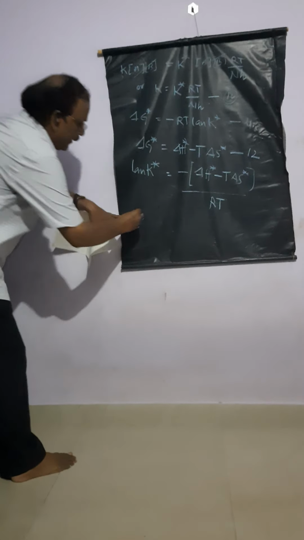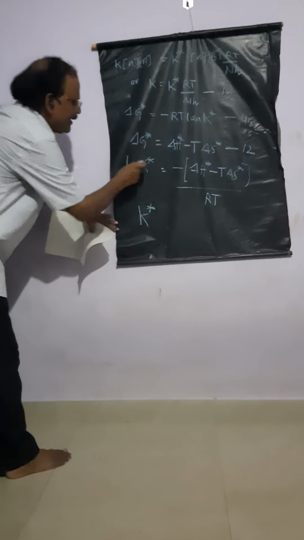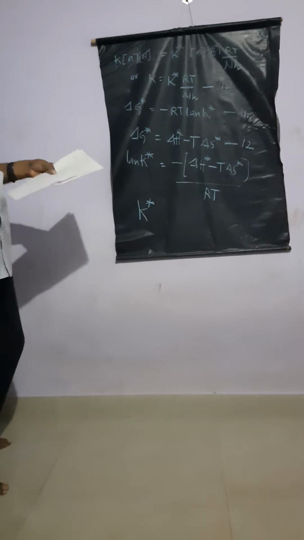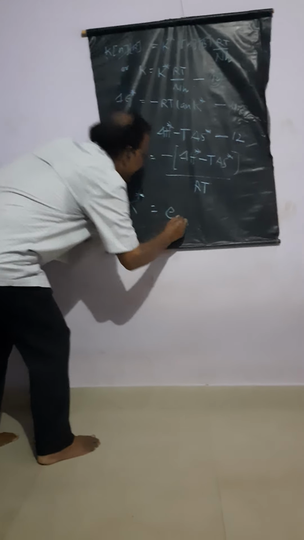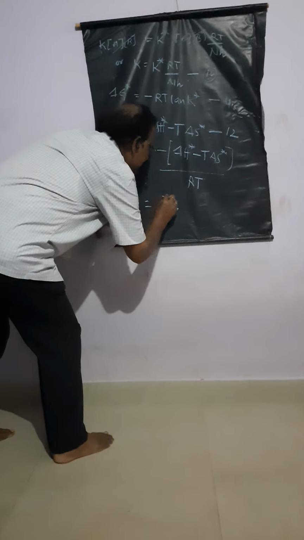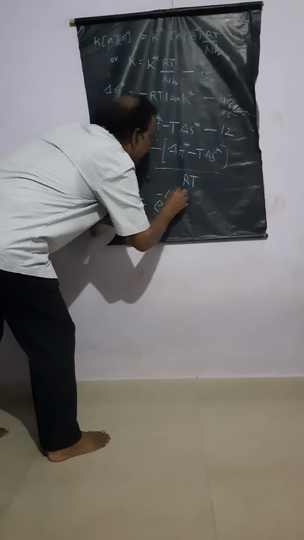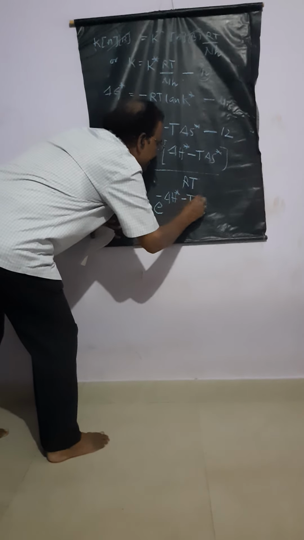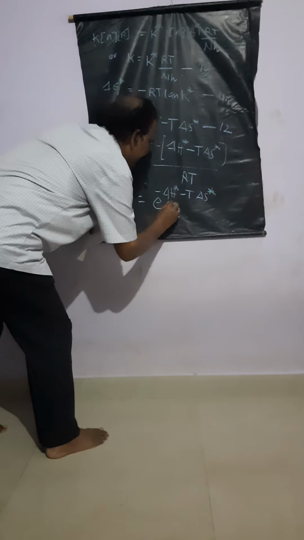So K star is equal to e to the power of minus delta H star minus T into delta S star divided by RT.